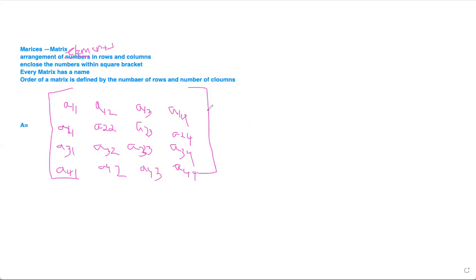Now this is called rows. The horizontal arrangement is called rows. So I will say R1, R2, R3, R4.